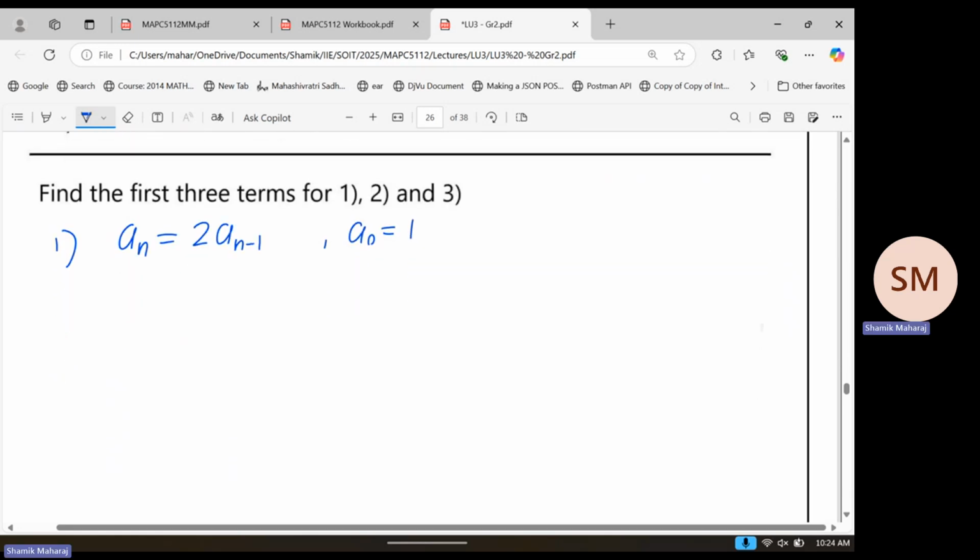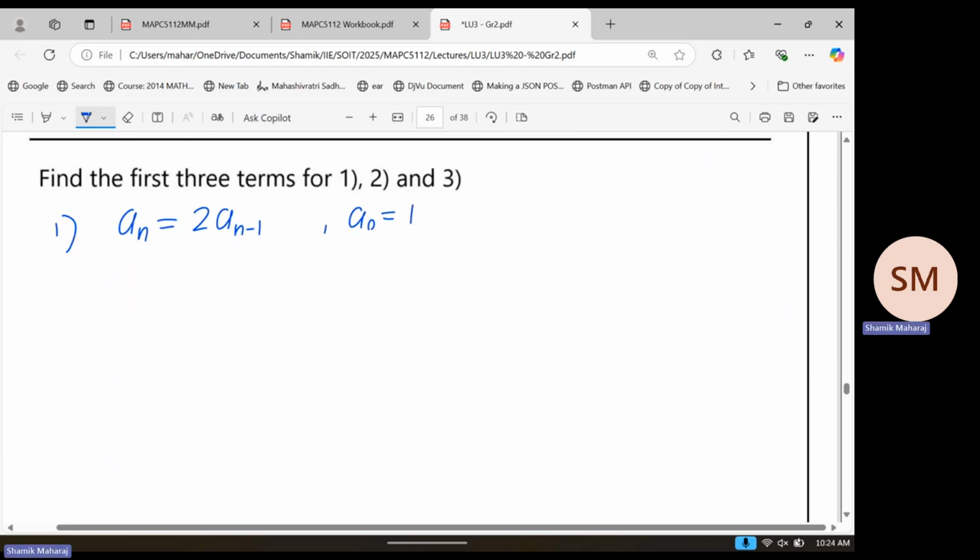Okay, so we'll look at those other examples in a bit. Let's take that out, and we'll just do this example. Find the first 3 terms for the sequence defined by this recursive formula.